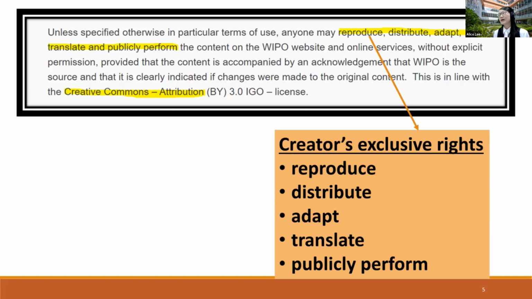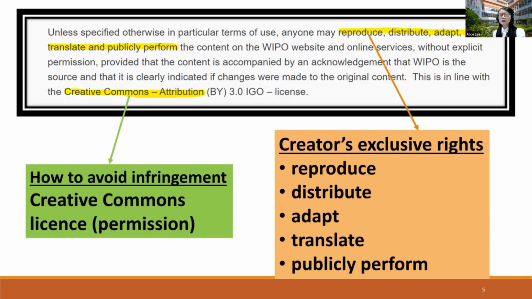Creative Commons is a very, very useful tool. So here, can you see, the WIPO website is actually authorized to everyone in the world under the Creative Commons Attribution license. So what we learn from this is that this is how we can avoid infringement. A Creative Commons license is a kind of permission that you can give even to people you do not know, just like this WIPO website.